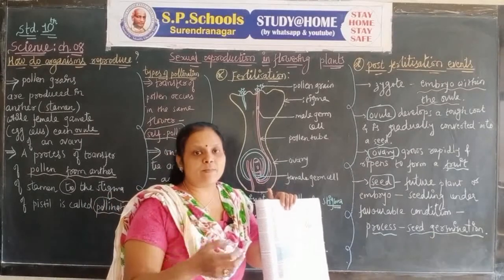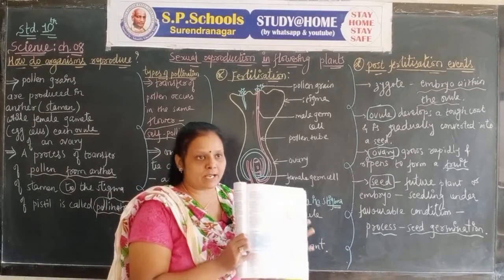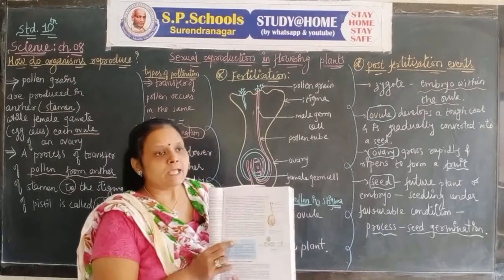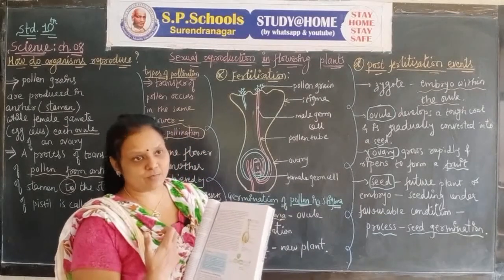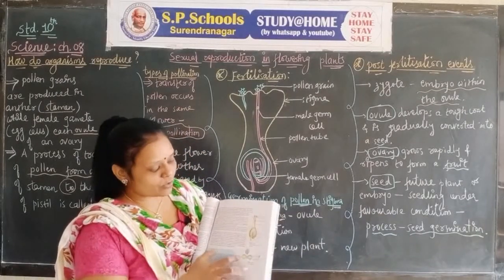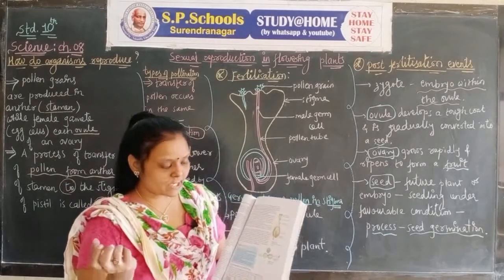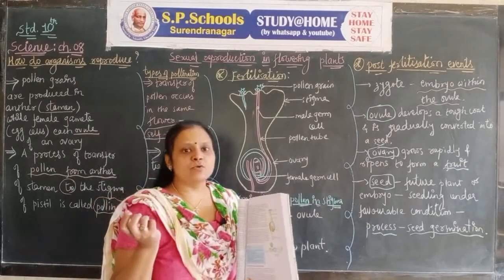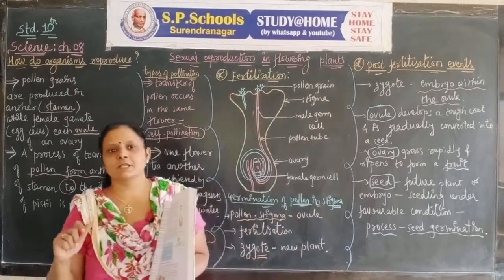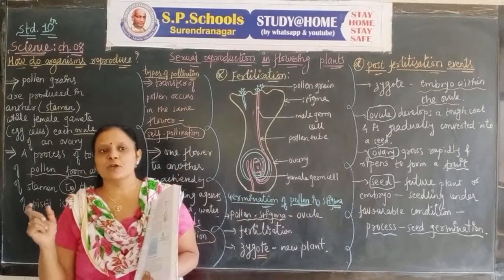When the seed develops and the embryo develops, nutrients are required, so nutrients are stored in the cotyledon. You have studied in standard 8 about two types of cotyledons.